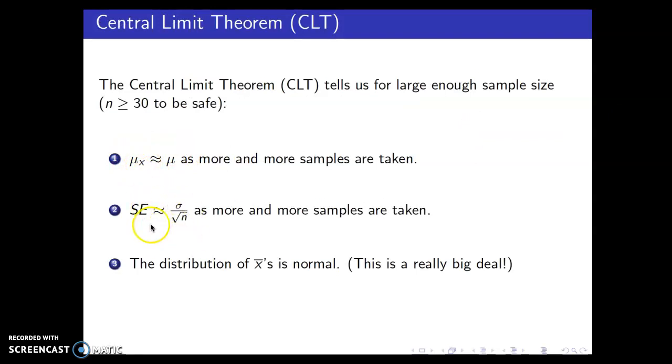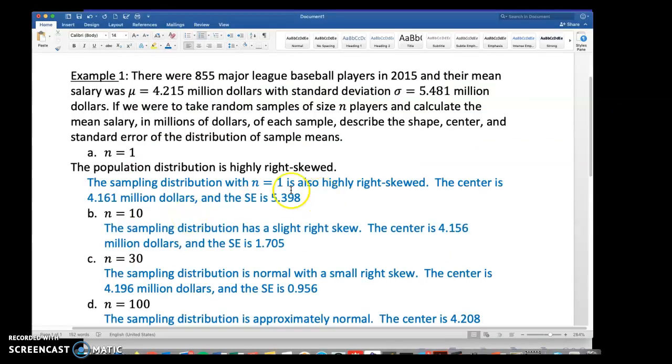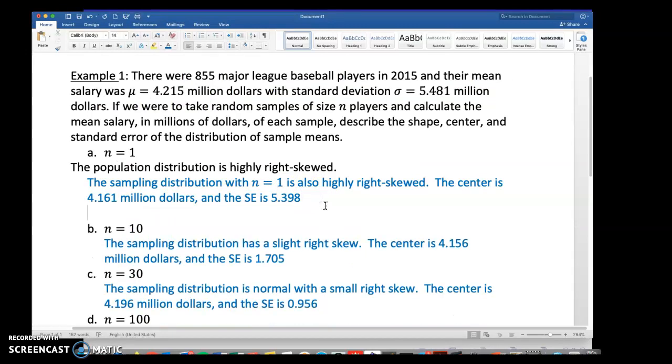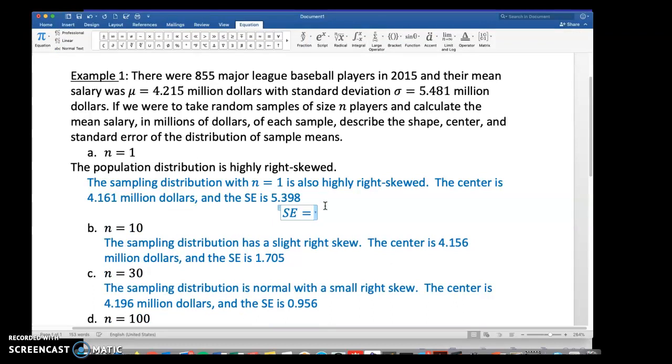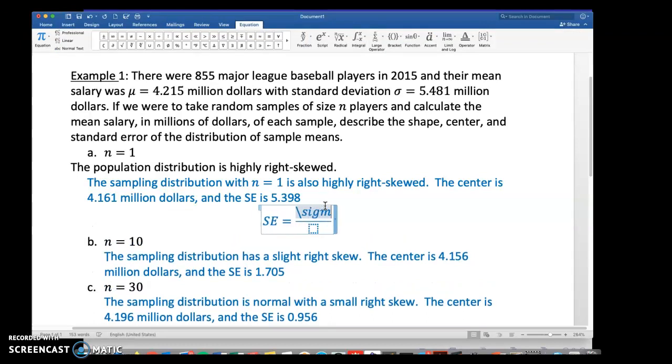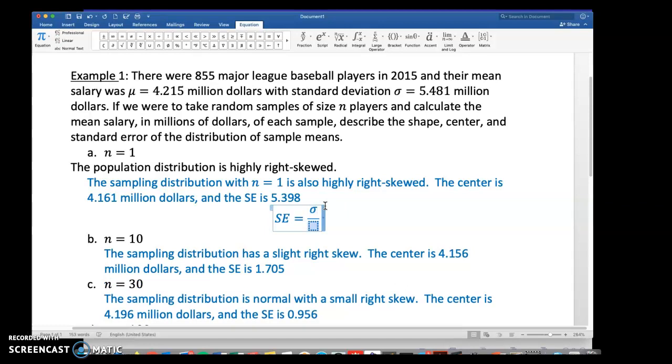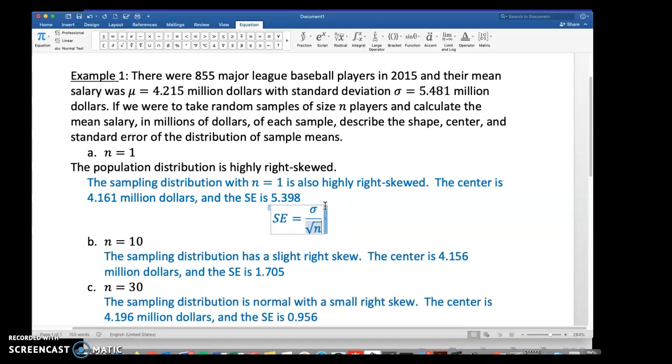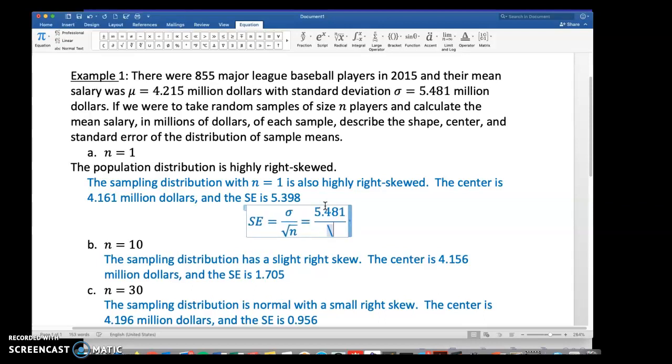Now I want to look at the standard error. We got these standard errors with bootstrap distributions, but we should also be able to get the standard error as equal to the population standard deviation divided by the square root of the sample size, which in this case is 5.481 divided by the square root of 1.